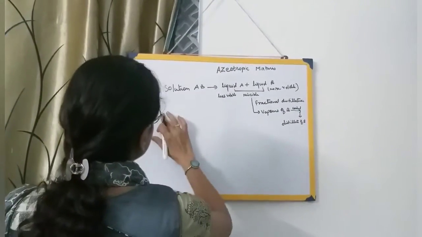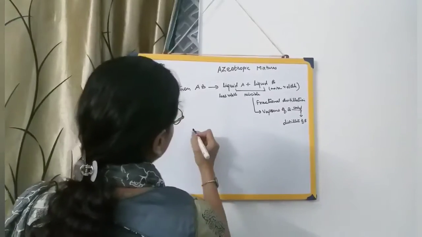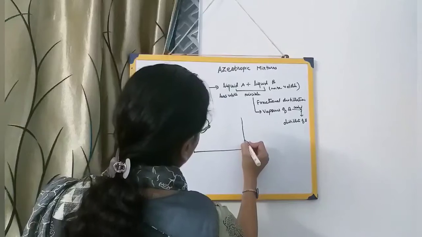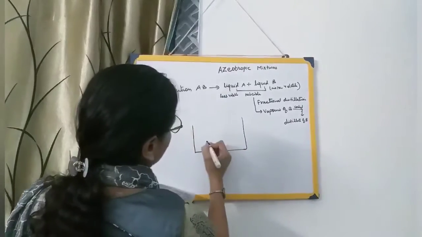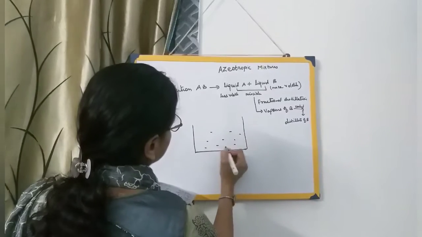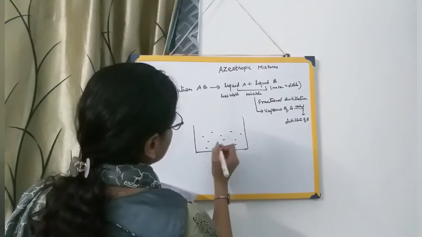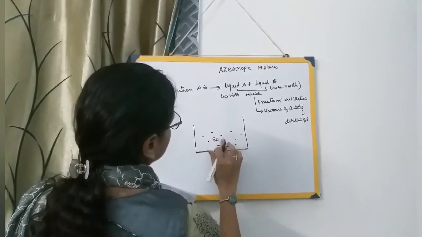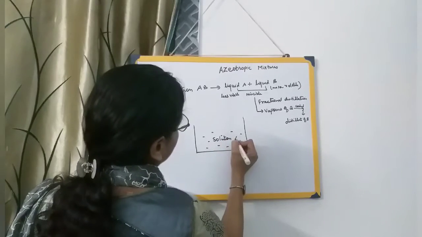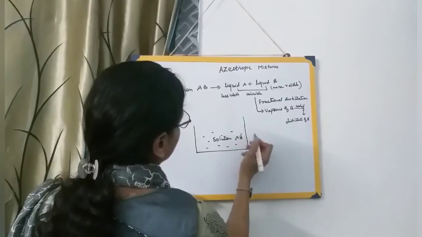Suppose this is your container having solution A and B. This is your solution AB.